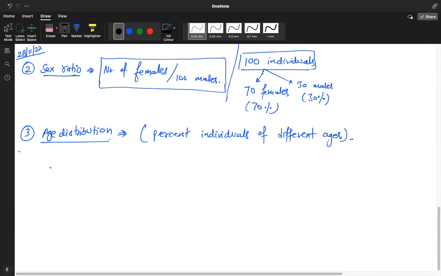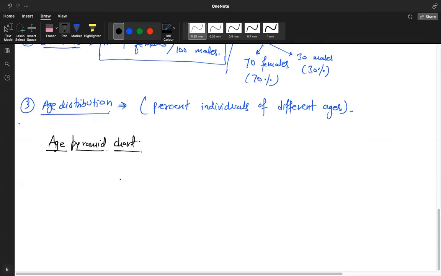age pyramids. So what is an age pyramid? It's how we represent the data. It's called a pyramid chart. An age pyramid chart will tell you, so there are three kinds.